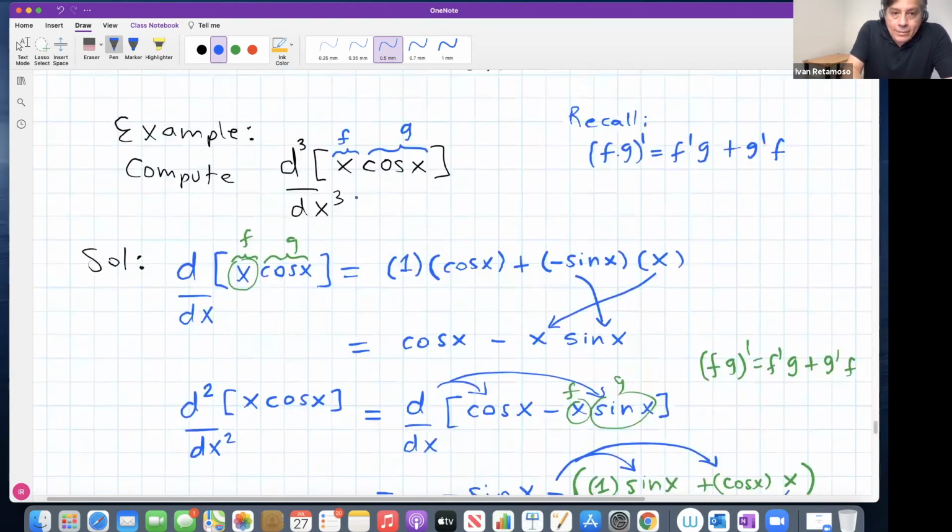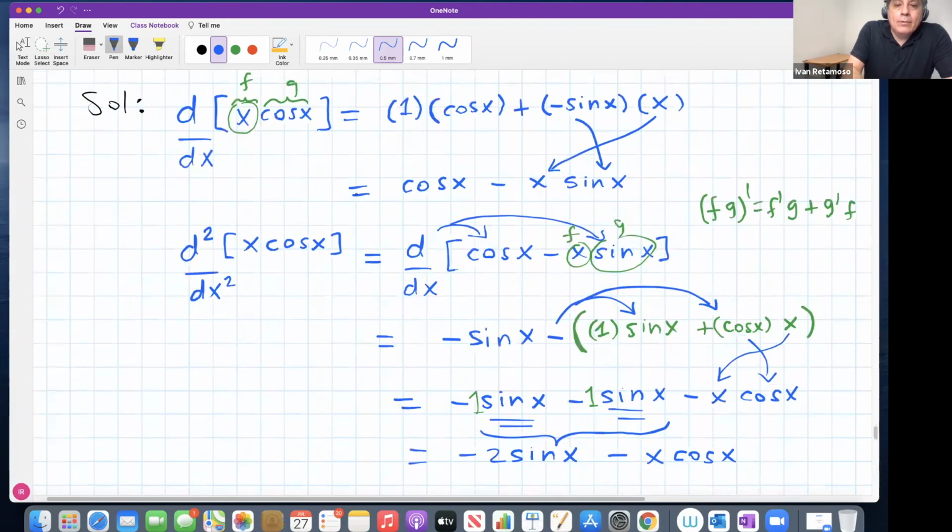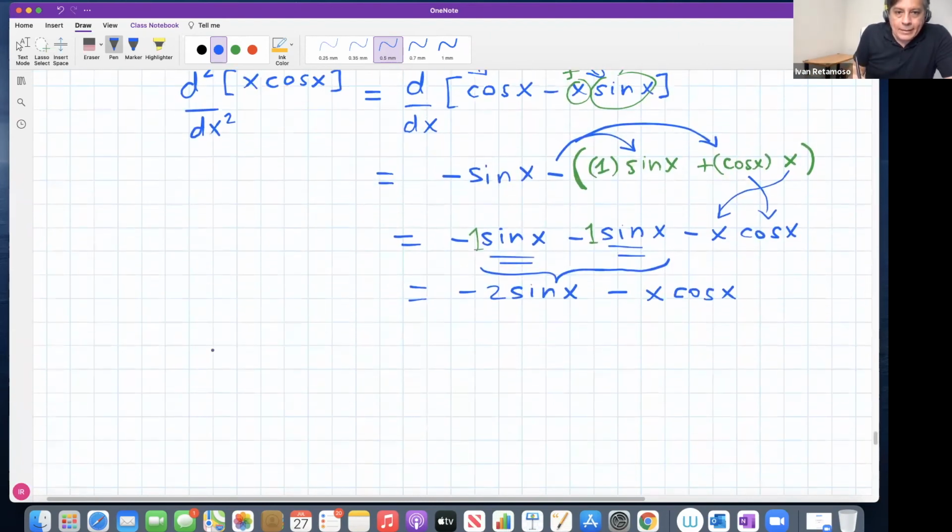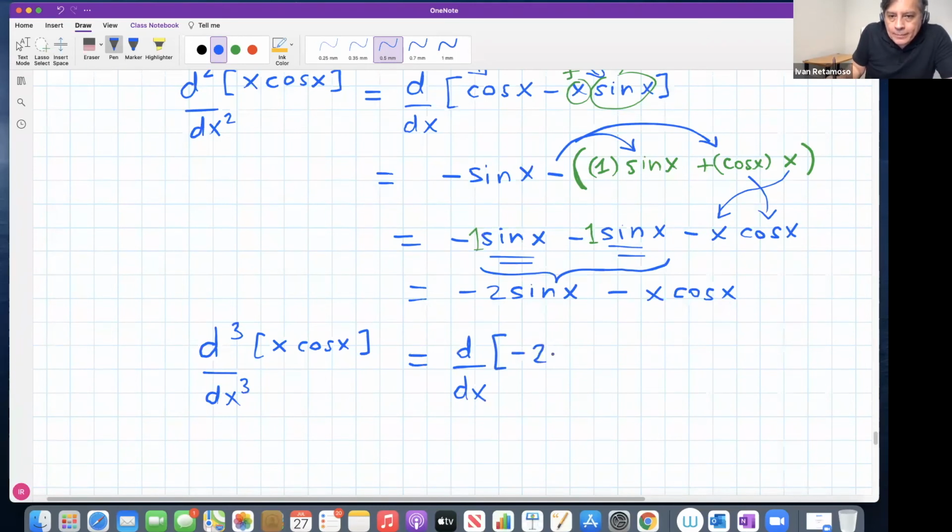But they want the third derivative. So I gotta do this one more time. So third derivative of x cosine of x with respect to x should be the derivative of the second derivative now, right? The derivative of this guy. So let's do that. Derivative with respect to x of minus 2 sine of x minus x cosine of x.